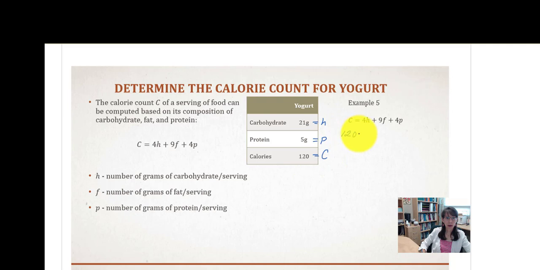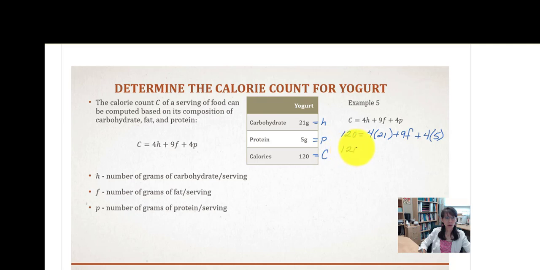So I have 120 equals 4 times 21 plus 9 times F. Notice we were not given F, so we need to keep that variable. Last, we have addition of 4 times protein, and that was 5 grams.